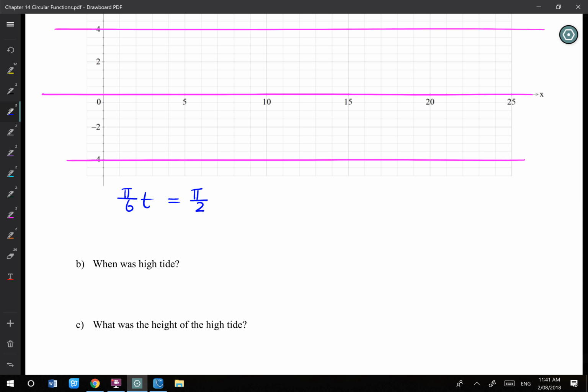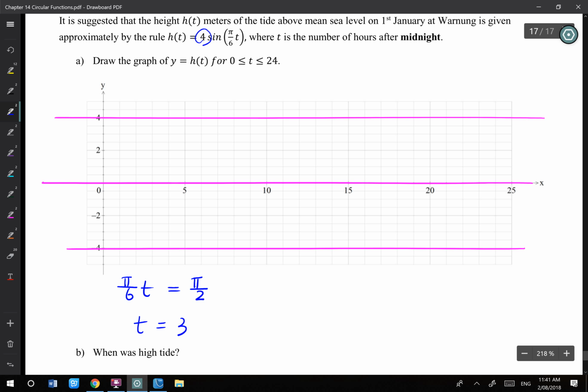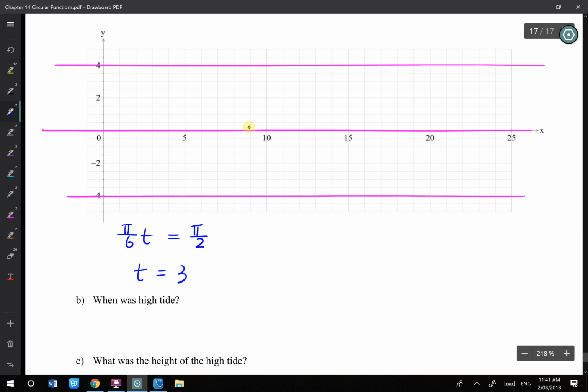Doesn't matter if it's a sine graph, we just make the angle pi on 2, and we can always find the maximum point. So t equals 3 if you solve for that. Also your a value is +4, not -4. Therefore, we have 3, 4 as my maximum point. So we have a starting point already.